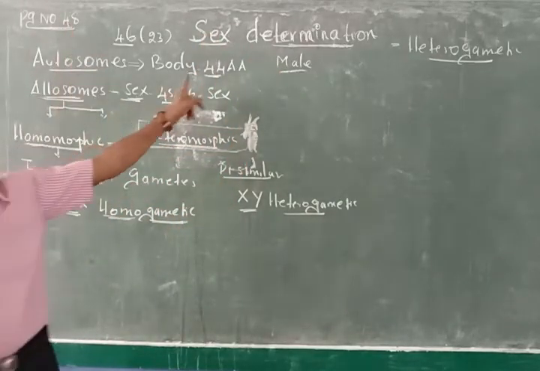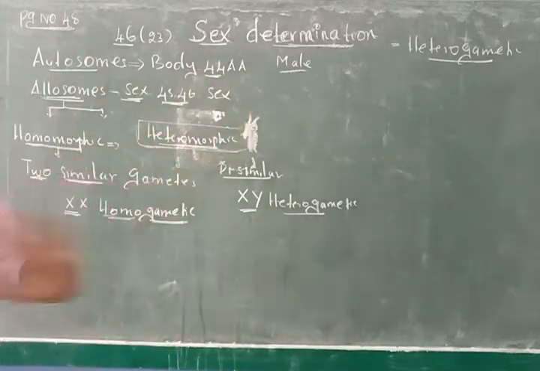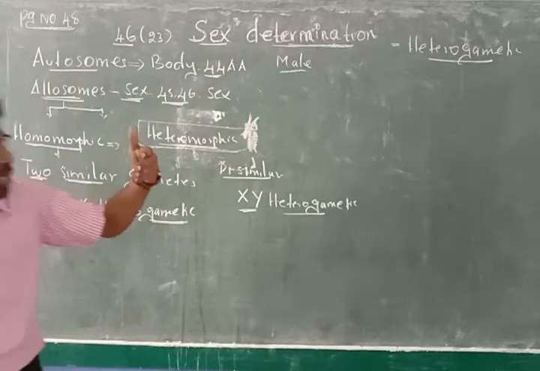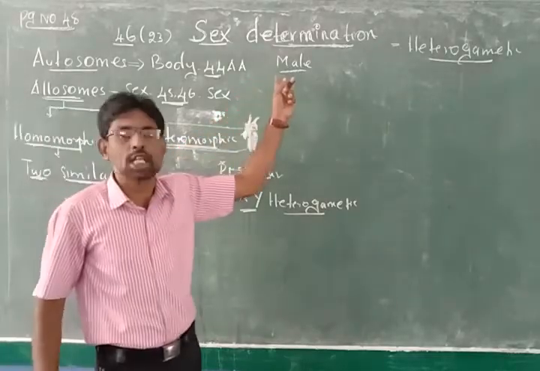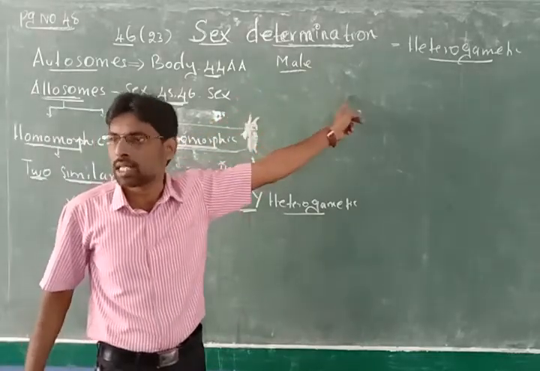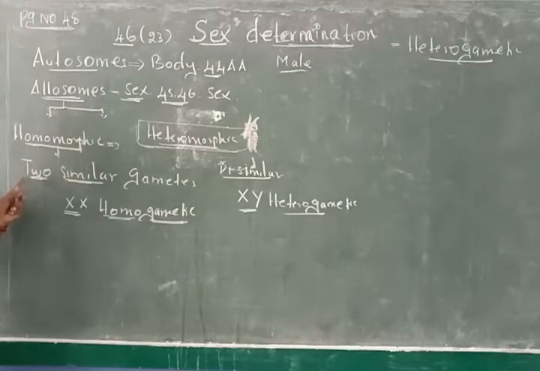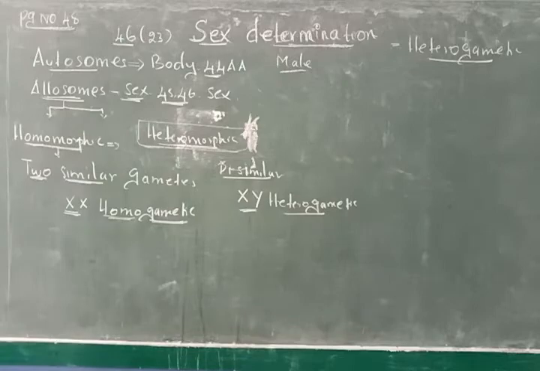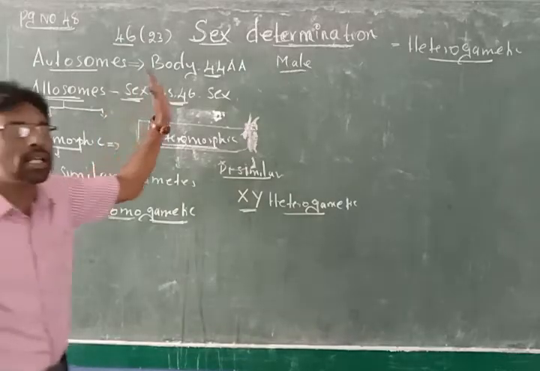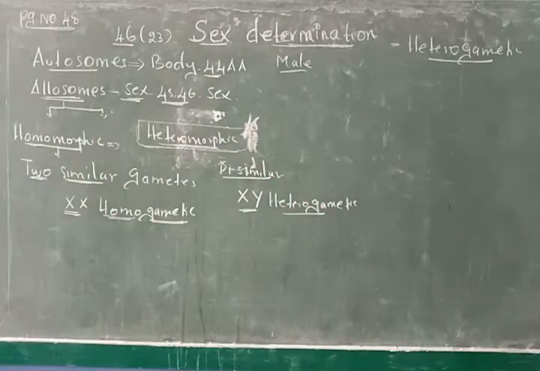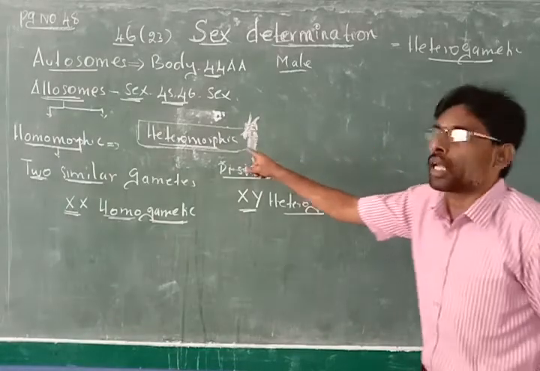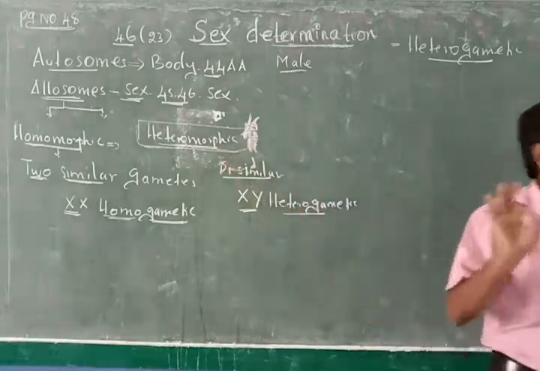In some organisms, the male is responsible for sex determination. In certain organisms, the female is responsible for sex determination. That is what we are going to concentrate on in this topic. Now we are very clear what sex determination is. In sex determination, the heterogametic or heteromorphic chromosome plays a vital role.